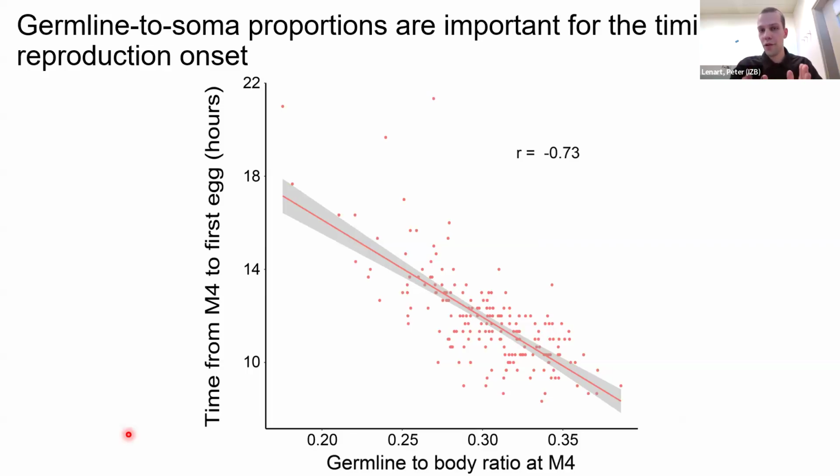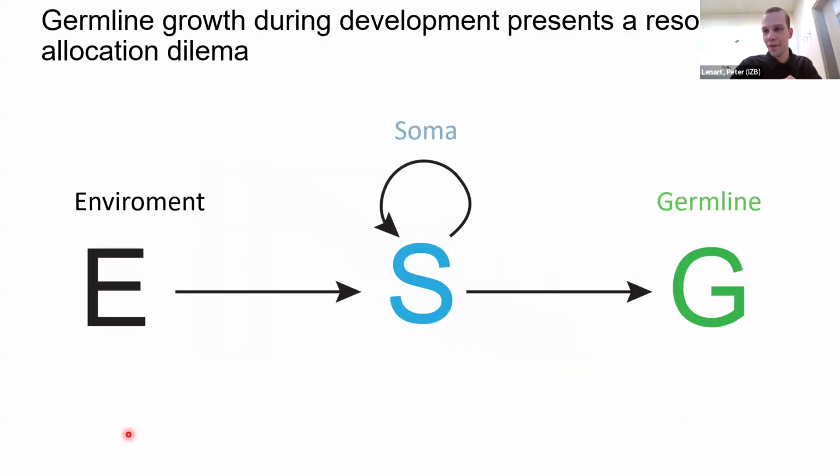So from the perspective of individual worms, this leads to a sort of resource allocation dilemma, where they need to distribute the limited nutrients they get from food into either growing their soma or germline.